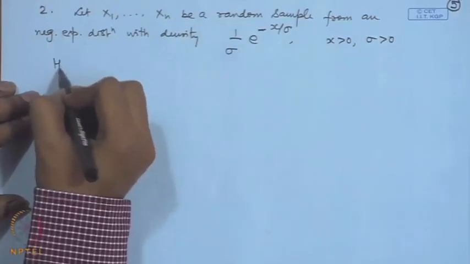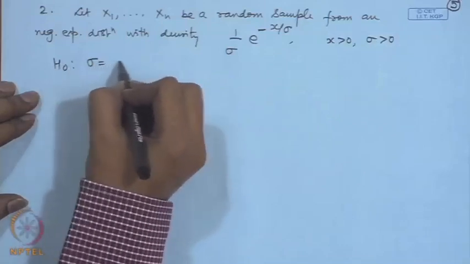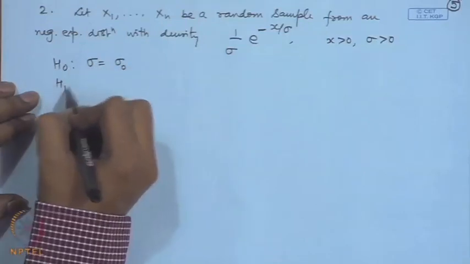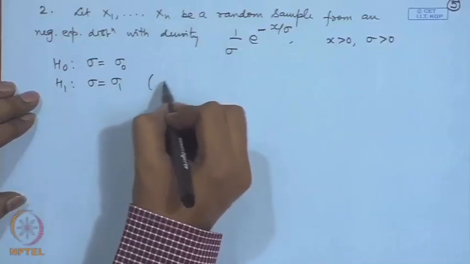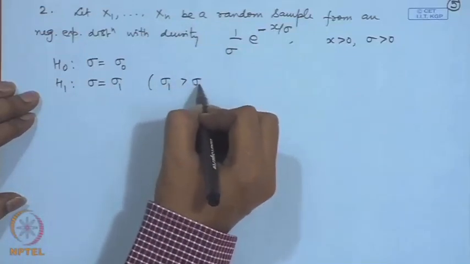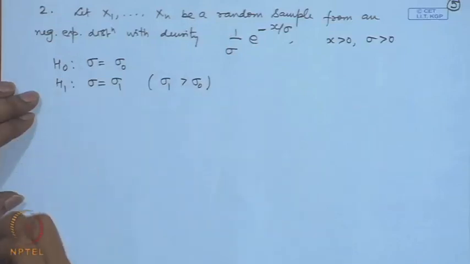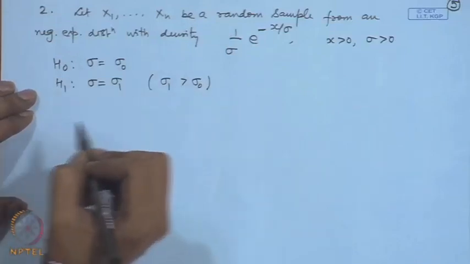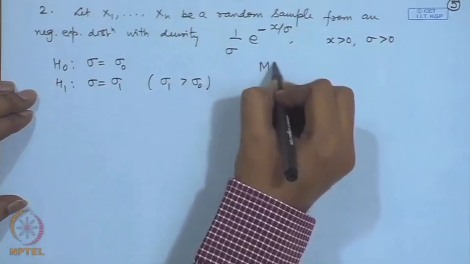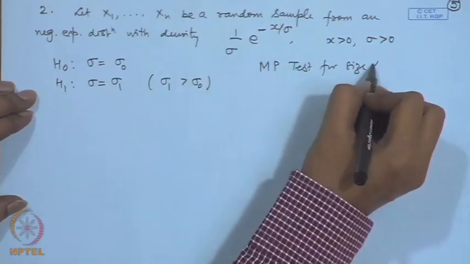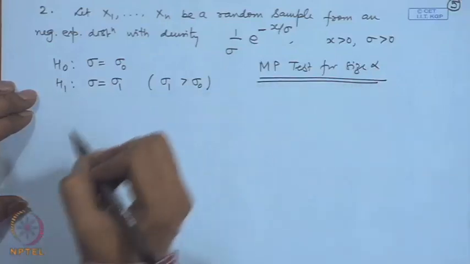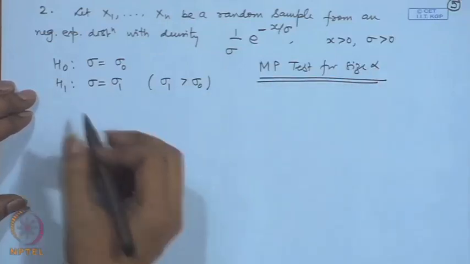Let us consider say hypothesis testing problem, sigma is equal to sigma naught against sigma is equal to sigma 1. And once again, for convenience, let us consider in the beginning say sigma 1 is greater than sigma naught. We want the most powerful test for given size alpha. We will use the Neyman-Pearson lemma for determination of this.